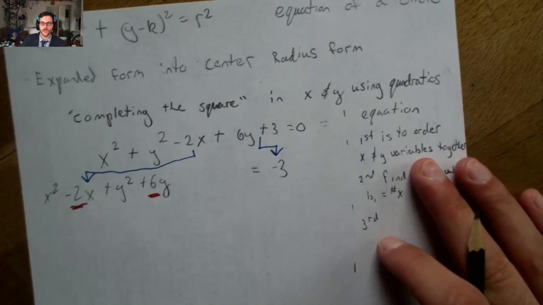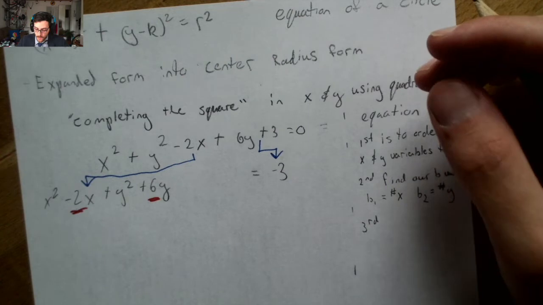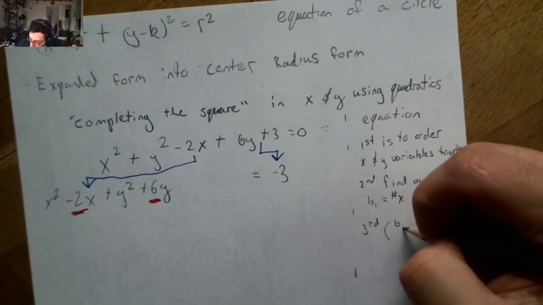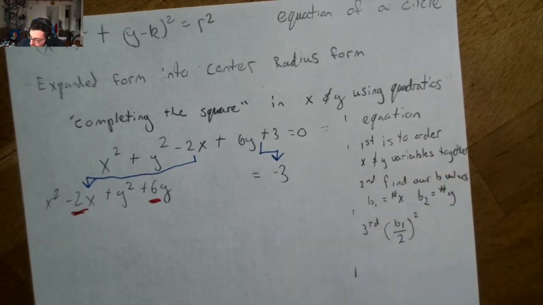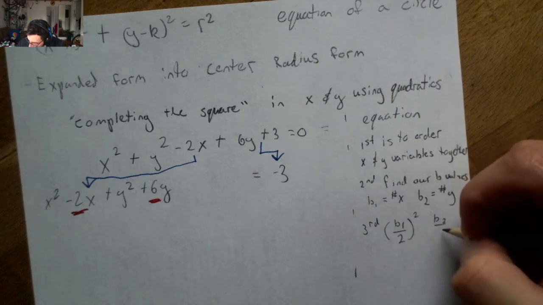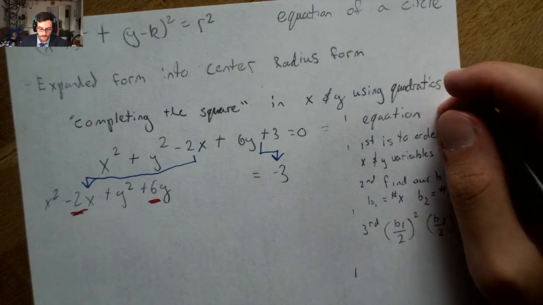Those examples where you see like x squared minus 2x plus 1 within our parentheses, those are trinomials where you have 3 different factoring numbers. Third step here: the way that we're going to get the number we're going to add is we're going to take b1 divided by 2 and square it, and we're going to take b2 divided by 2 and square it.